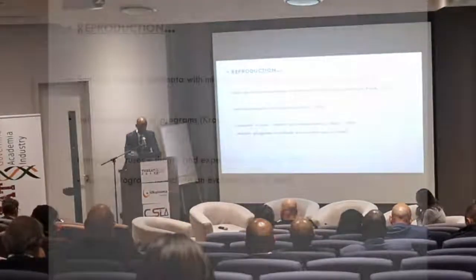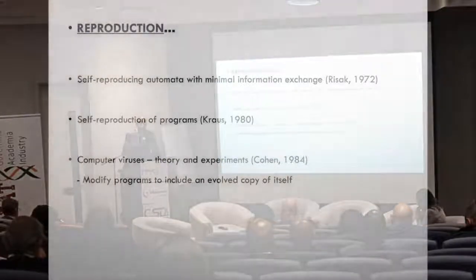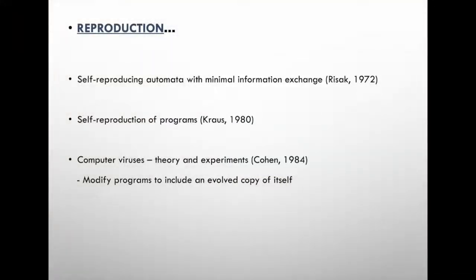And then Risak, in 1972, built on the ideas of John and describes a form of virus that was written in assembler language for Siemens computer systems. And then in 1980, Cross built on that, and this was actually a thesis titled Self-Reproduction of Programs.